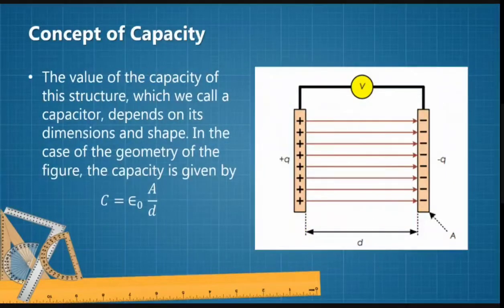The value of the capacity of this structure, which we call a capacitor, depends on its dimension and shape. In this case, given the geometry of the figure, the capacity is given by C equals epsilon null times A divided by D. D is the distance, and A is the area of this plate.